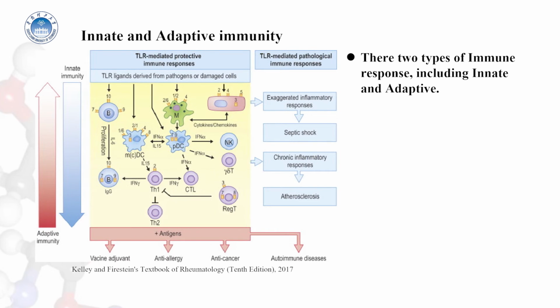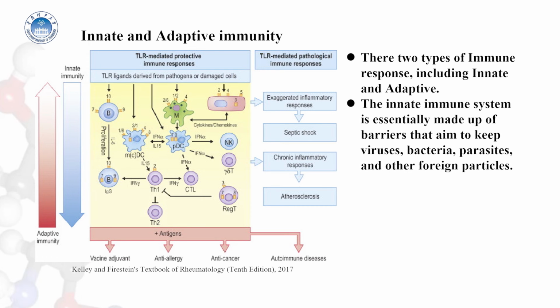There are two types of immune response, including innate immunity and adaptive immunity. The innate immune system is essentially made up of barriers that aim to keep various bacteria, parasites, and other foreign particles out of your body, or limit their ability to spread and move throughout the body.